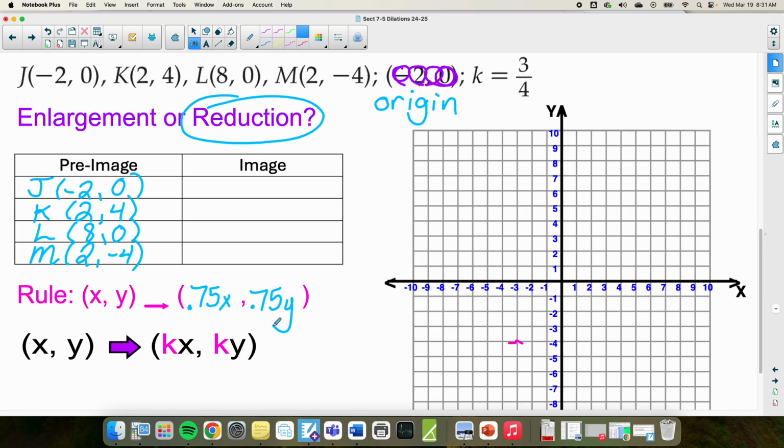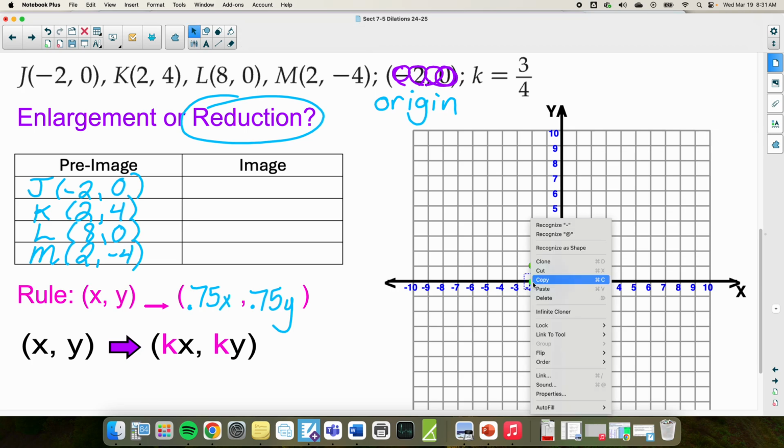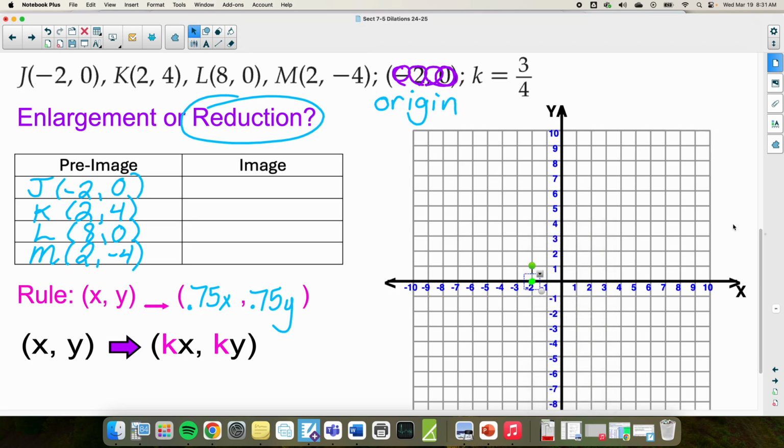Now let's go to our graph and let's graph our pre-image, okay? So our first point is -2,0, and our second point is 2,4. Our third point is 8,0, and our fourth point is 2, -4.